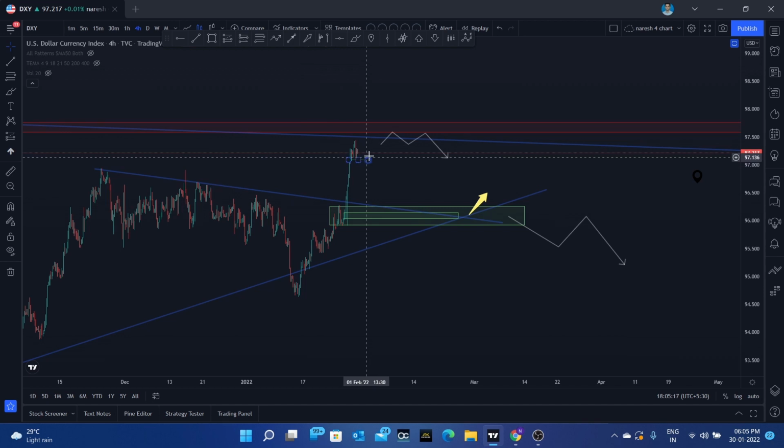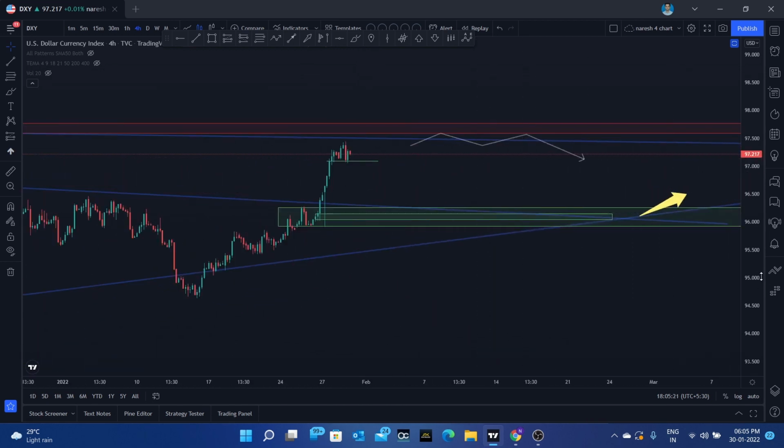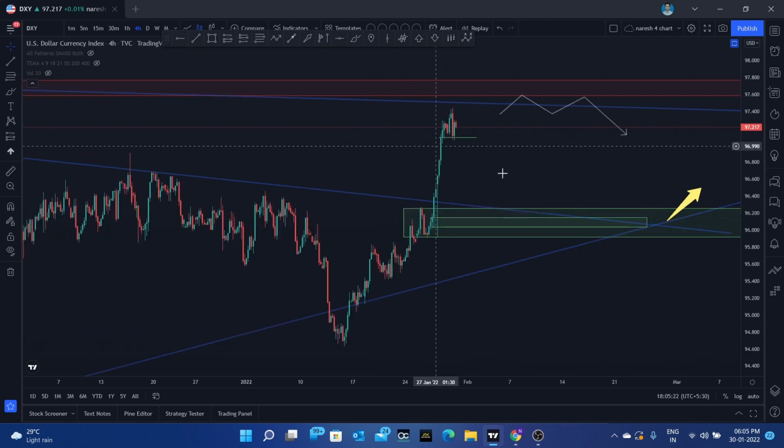And if it breaks this support, the price can come to this area and consolidate a bit again here, and it can move up again, guys.